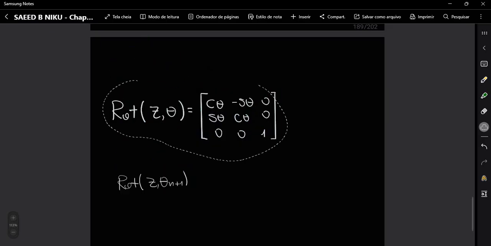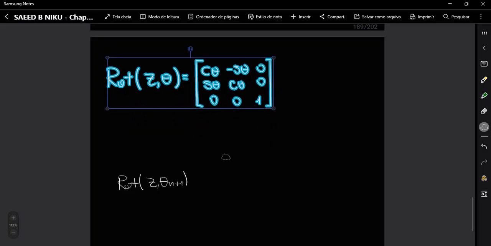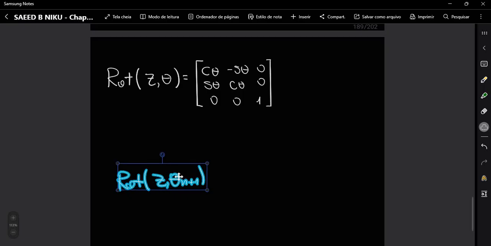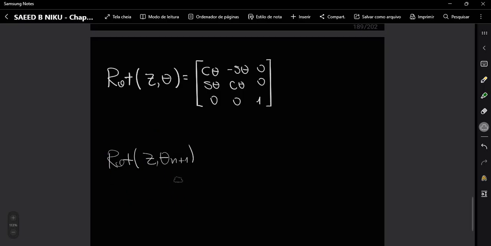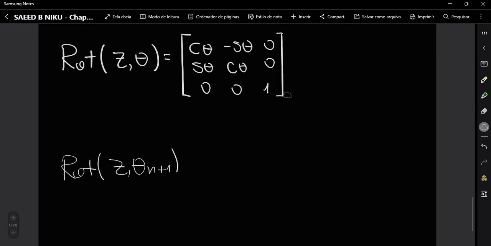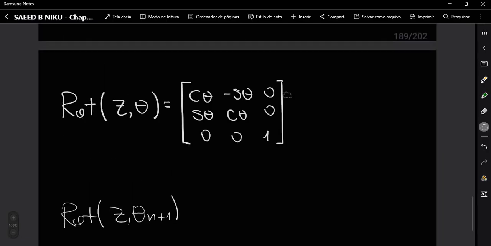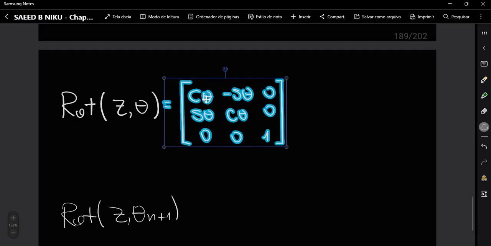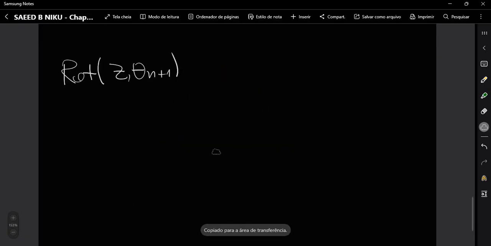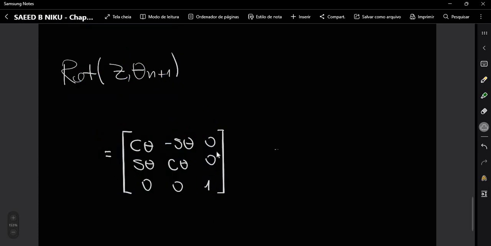For a rotation about the z-axis, we have this characteristic matrix, and let's just adapt this one right now.